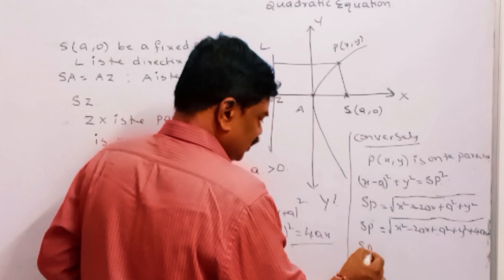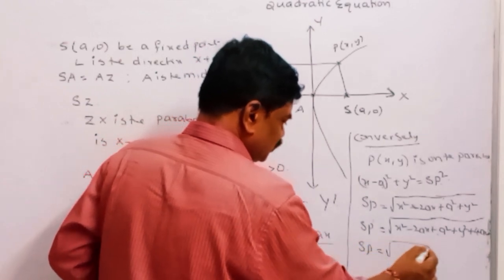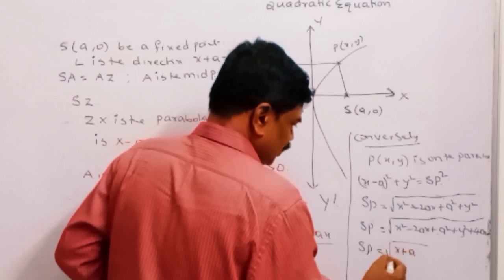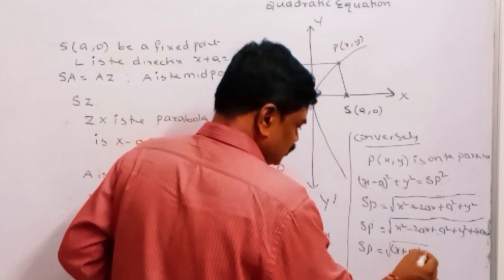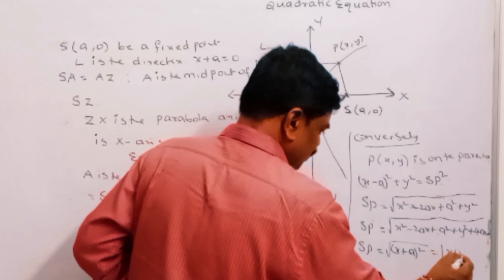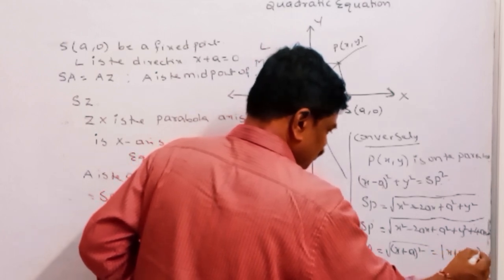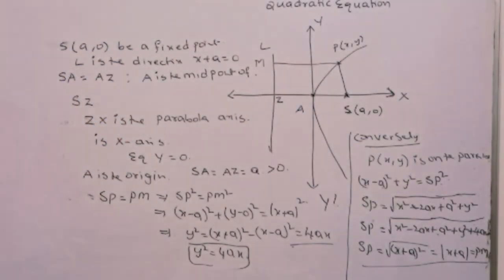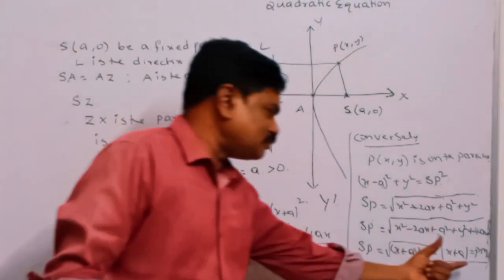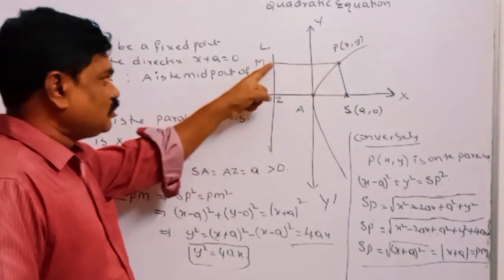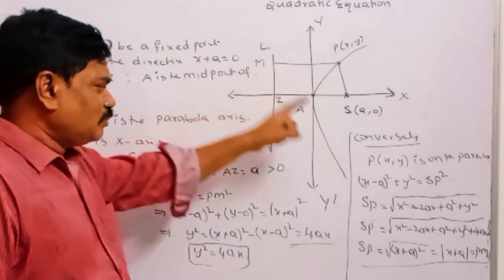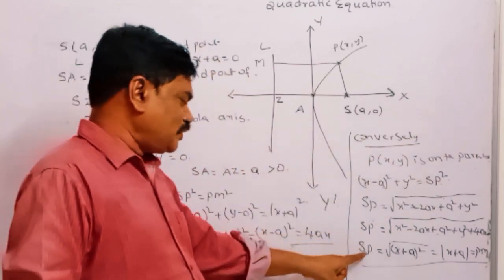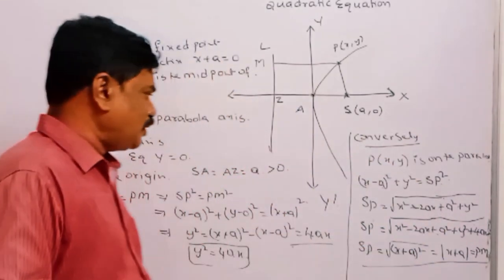So SP is equal to root over (x plus a) whole square, which is equal to modulus of x plus a, which is PM. So SP is equal to PM. If P(x, y) is on the parabola, then we get SP is equal to PM.